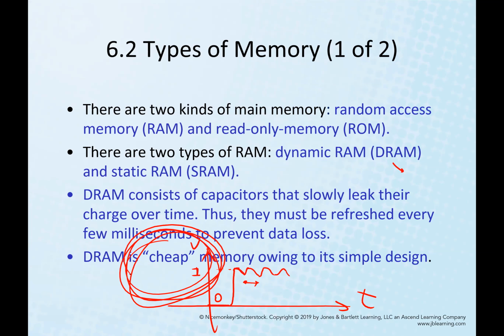So you see that new computers always use DRAM for memory. They use SRAM for very small memories like cache and registers, but for main memory we use DRAM because it is cheap.